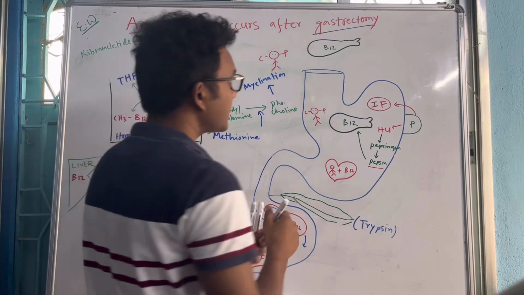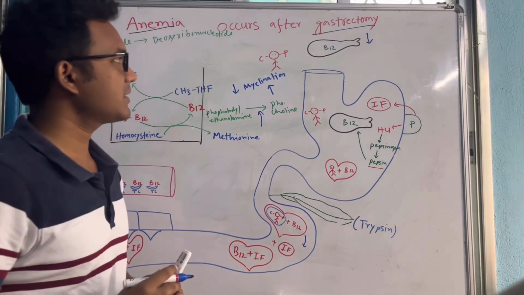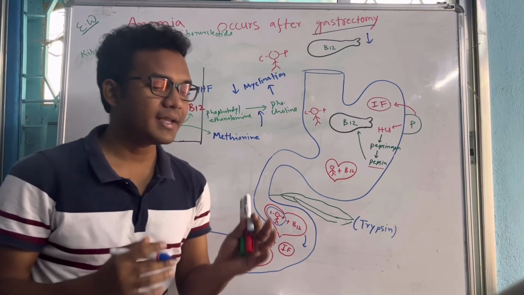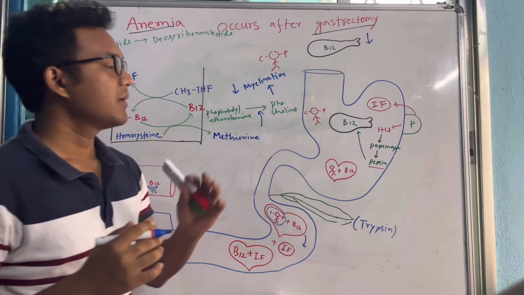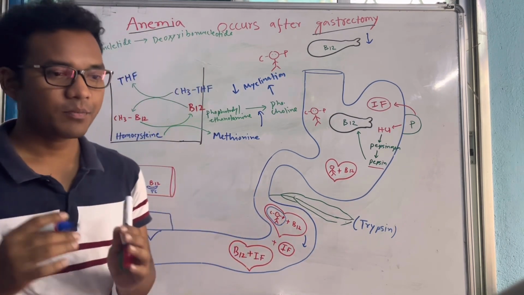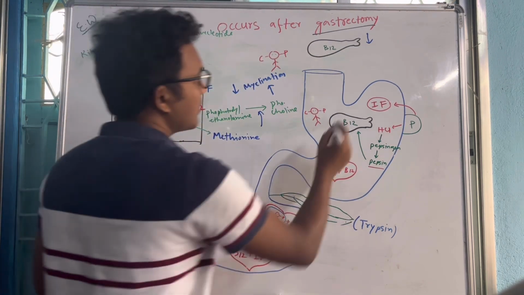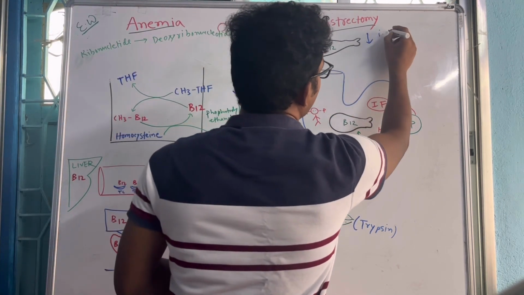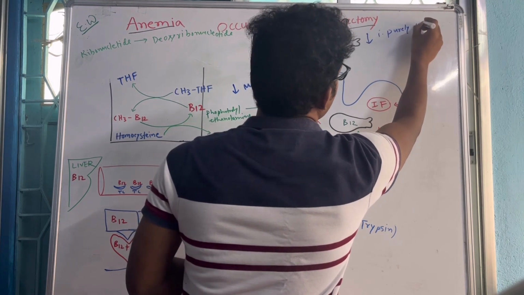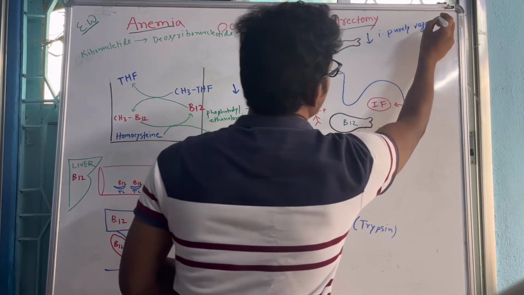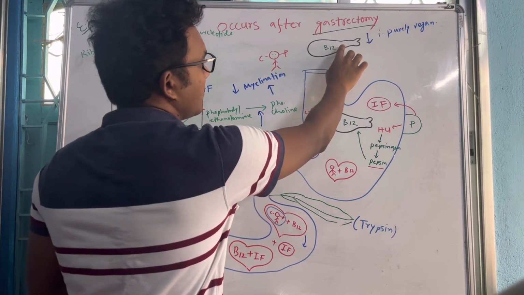So what are the causes of the decreased amount of vitamin B12? I have said that vitamin B12 is mainly found in animal sources. So purely vegetarian or vegan people suffer from vitamin B12 deficiency. So the number one cause is dietary, and in the dietary cause purely vegan people suffer from vitamin B12 deficiency.